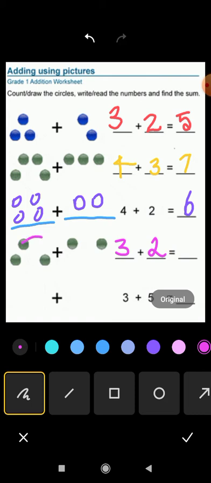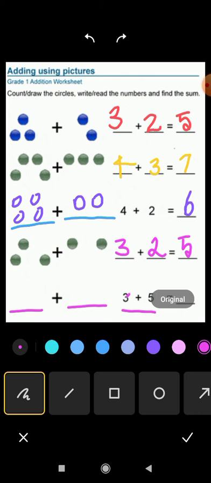Count it: 1, 2, 3, 4, 5. So how many in total? 5 balls are there. Then next, 3 plus 5. So you are going to draw 3 balls and 5 balls, and after that you are going to add them.